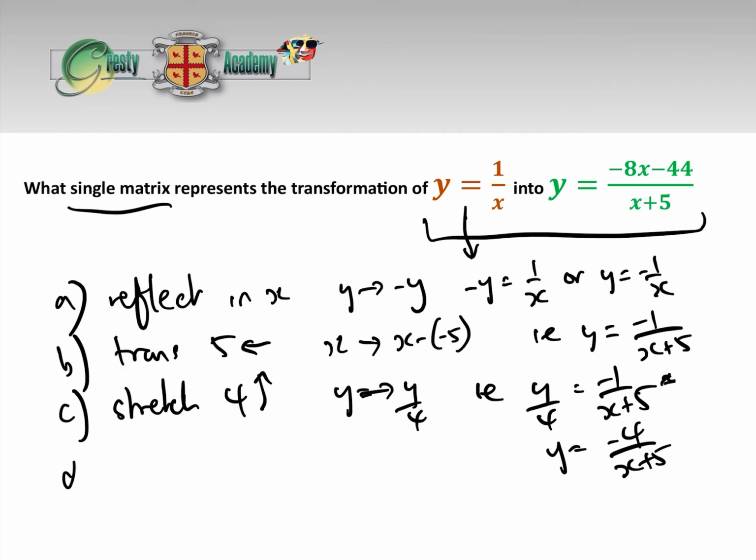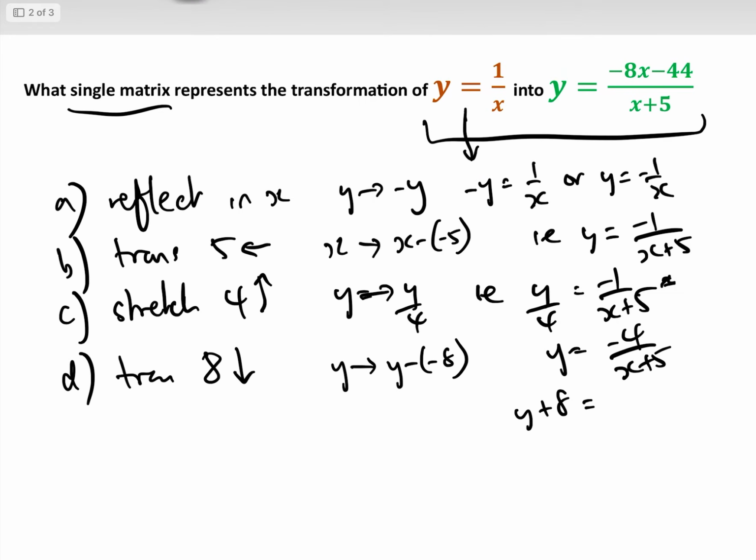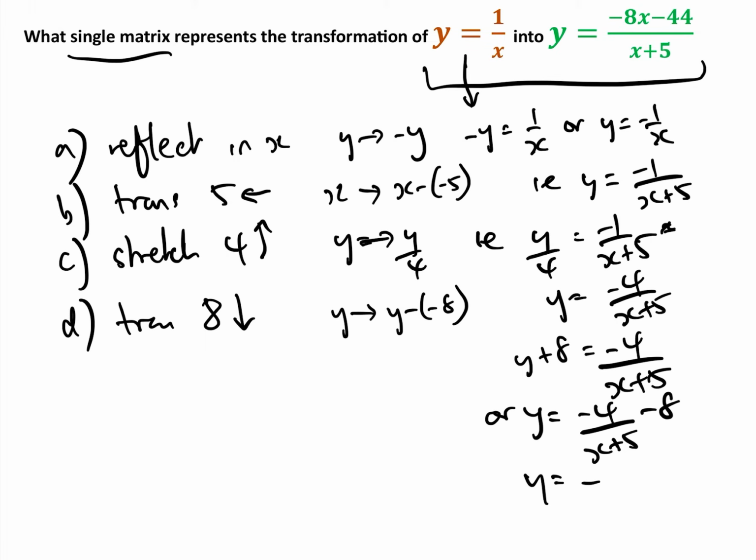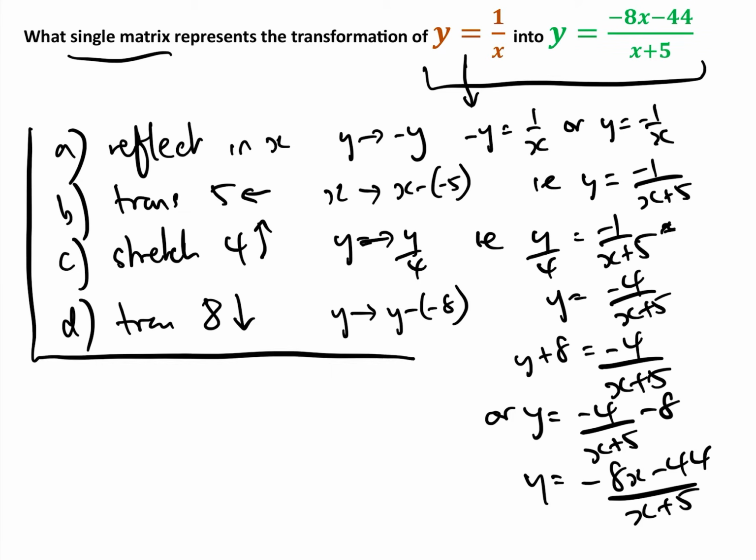And then the fourth thing we did was we translated it 8 down, which means that y becomes y plus 8, i.e. y equals minus 4 over x plus 5 minus 8, which is the same thing as y equals minus 8x minus 44 over x plus 5. So these are the 4 transformations that we need to do.